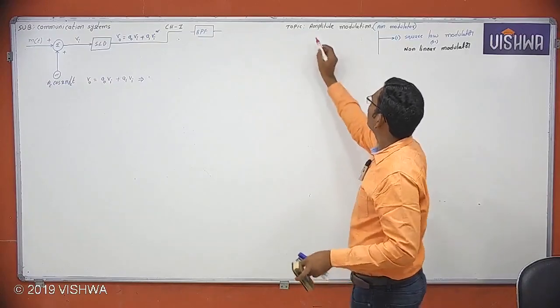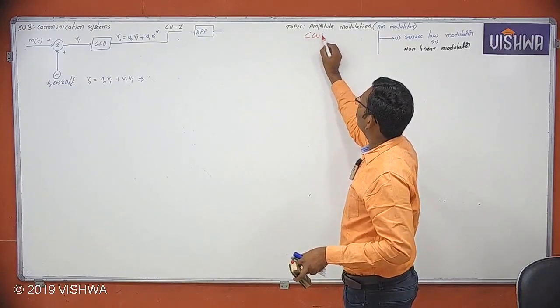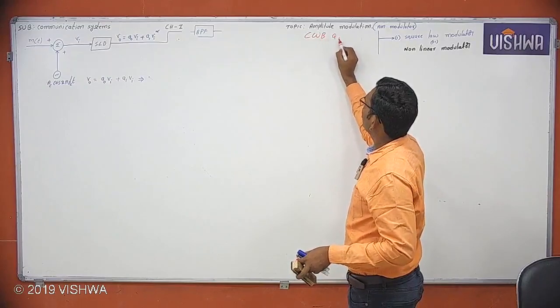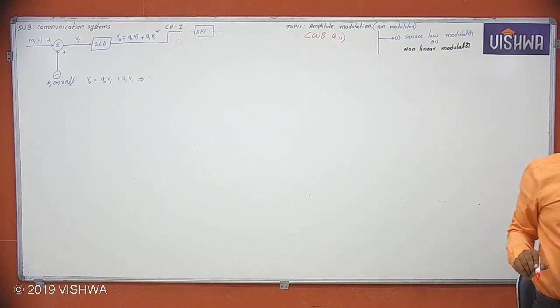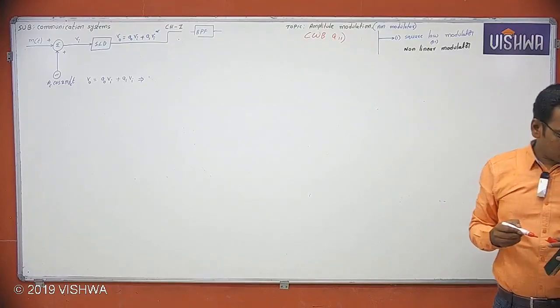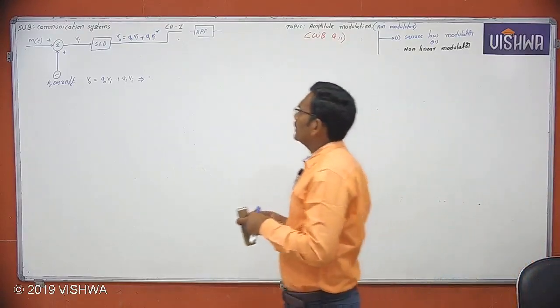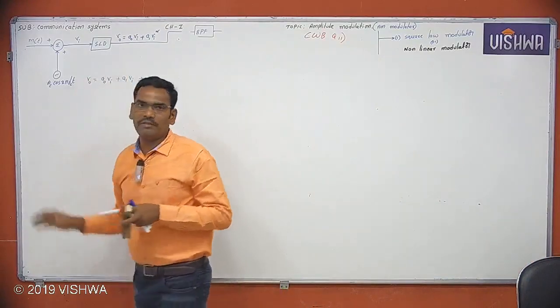Now, classroom workbook question number 11. Consider a square law modulator as shown in the figure below.